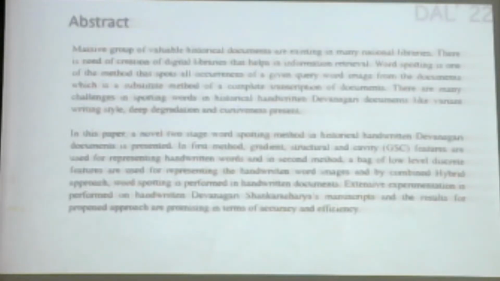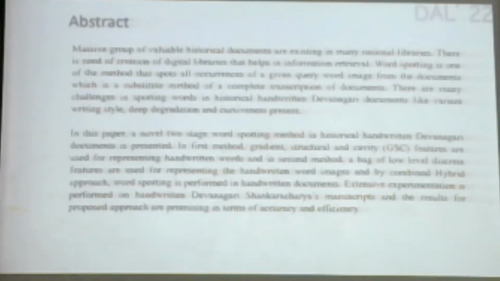Coming to the abstract, there exists a huge quantity of historical documents in many national libraries. These documents are very important. They contain many valuable information. So creation of digital libraries is very important.